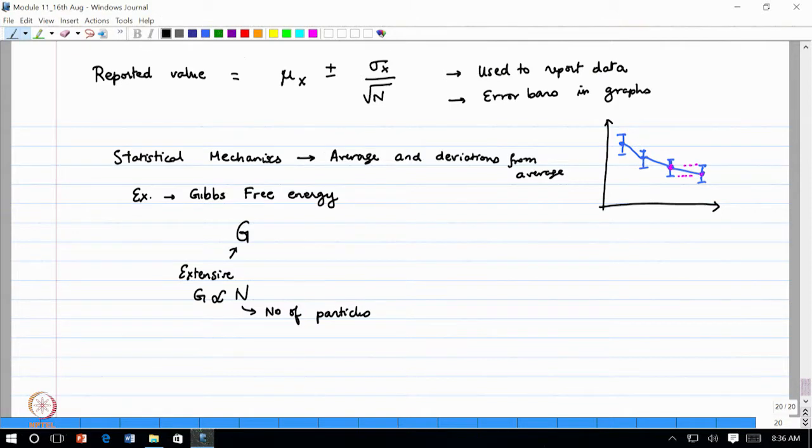So G is written as the ensemble average, I will show in square brackets, plus minus sigma of G, the standard deviation of G.